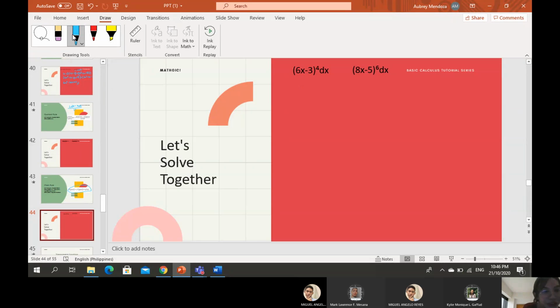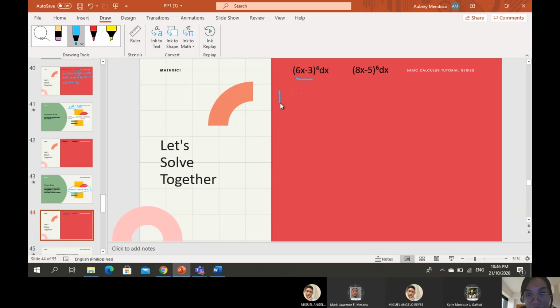So in chain rule, we need to get the let u first. So the let u is the inner function. The inner function is the function inside the parenthesis. So the inner function here is 6x minus 3. So let's copy it. Wait.